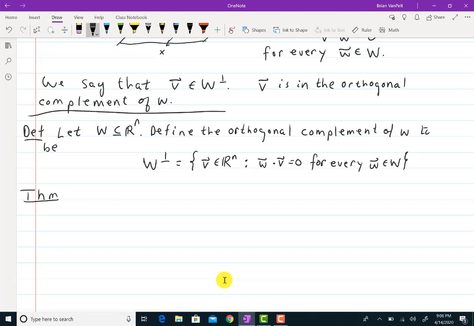Theorem. If the set W, a subset of Rn, is a vector space, and since it's a subset of Rn we'd call it a vector subspace, but let's just say it's a vector space, then W perp is also a vector space.